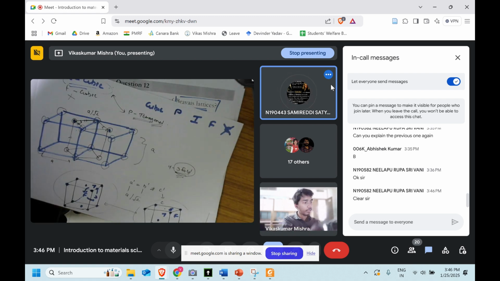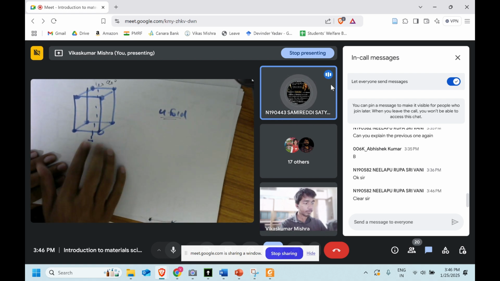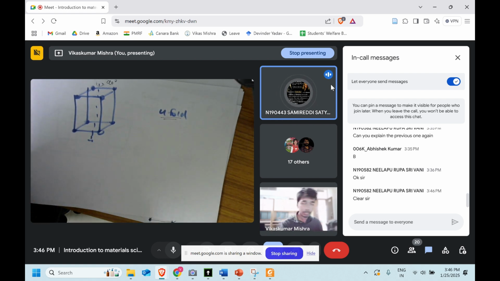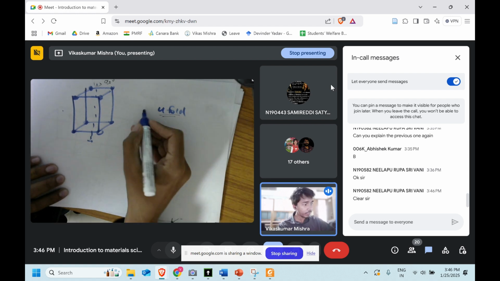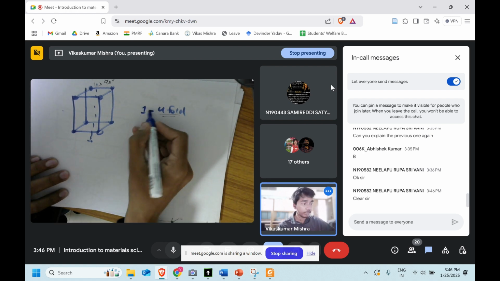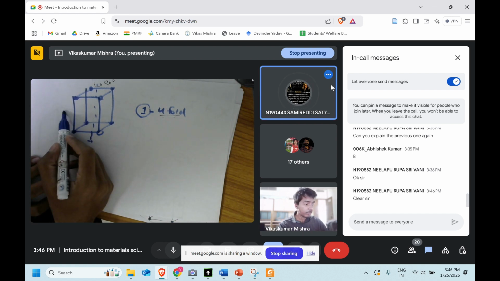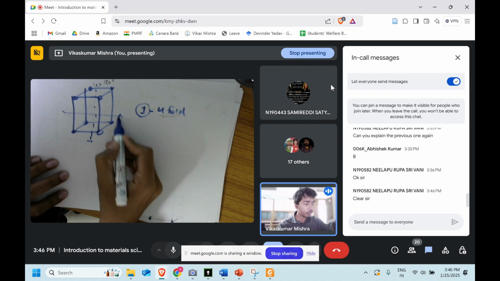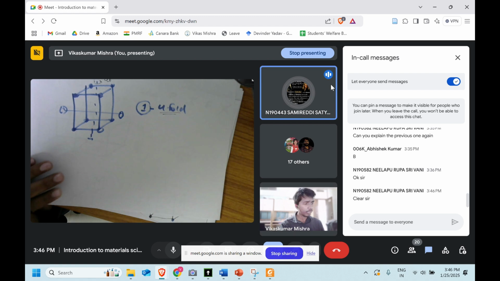Along the other axes, it has only twofold symmetry. So in the tetragonal, that's why we said there is only one fourfold symmetry. Along other axes, only twofold symmetries are there.